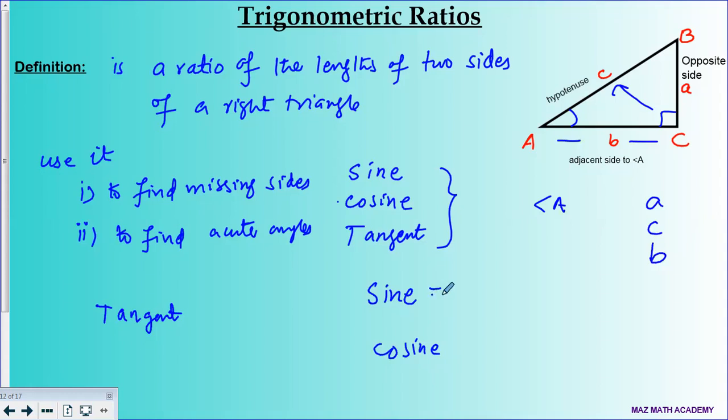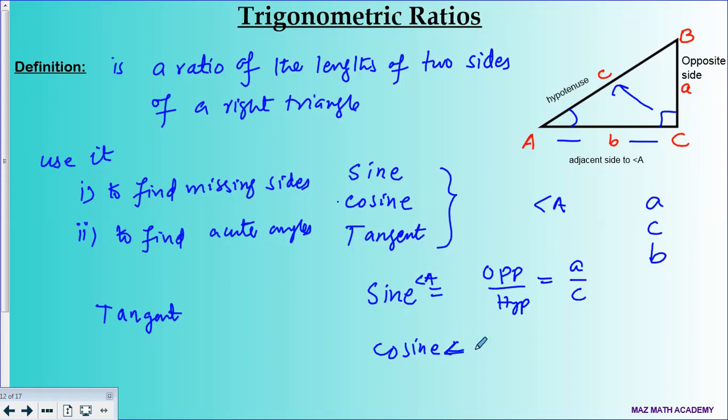On the basis of angle A, sin A is equal to the opposite side divided by the hypotenuse. Opposite side to angle A divided by hypotenuse, so it's equal to a divided by c.